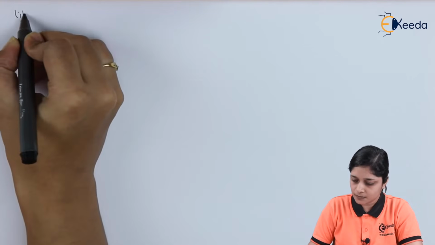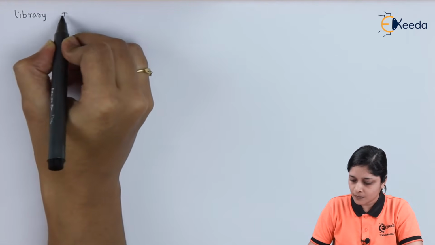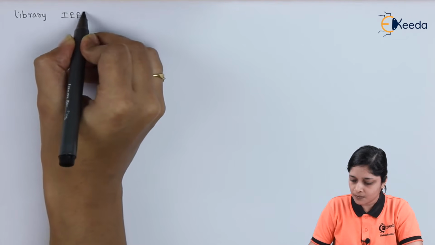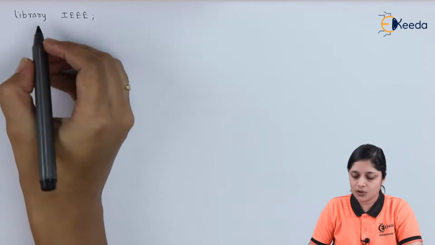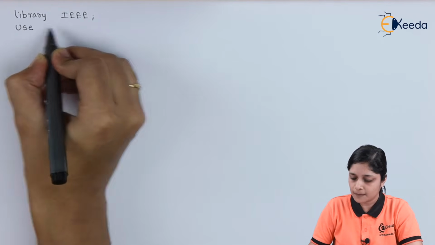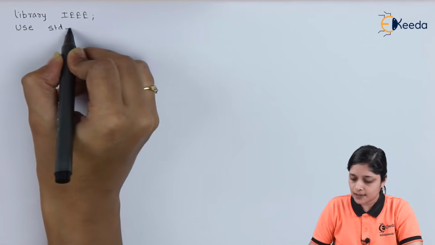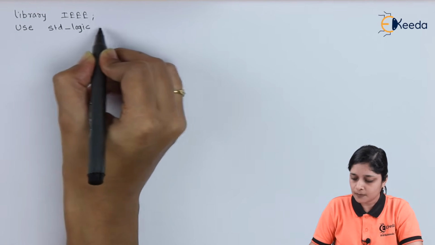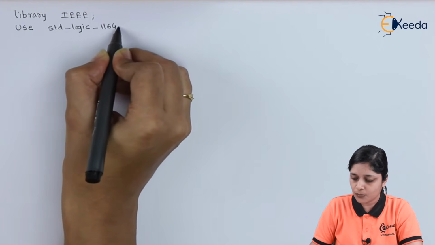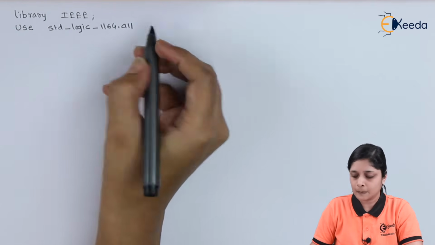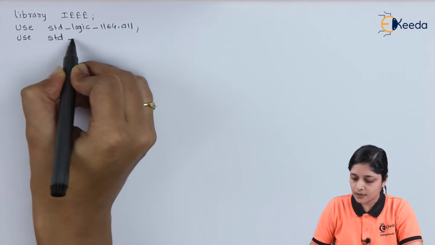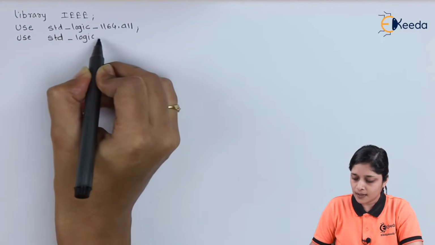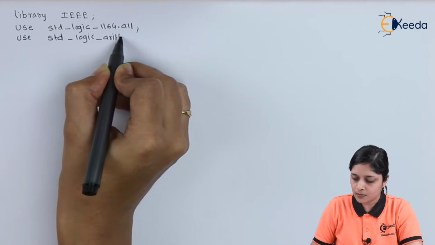So, we will start with the library. IEEE you have to write here. After that, you have to write the use clause. So, I will write here use IEEE.std_logic_1164.all. Again write use IEEE.std_logic_arith.all.